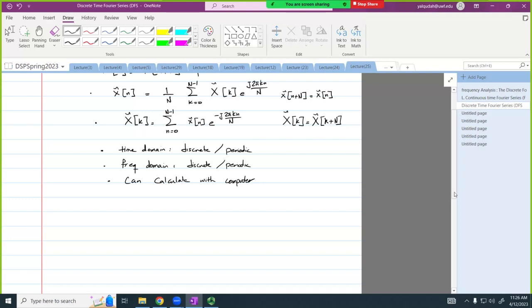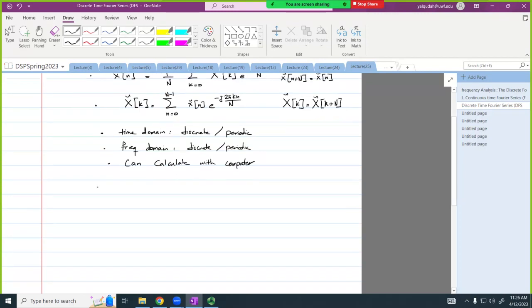Finally, the last transform we're going to review is the discrete time Fourier transform.